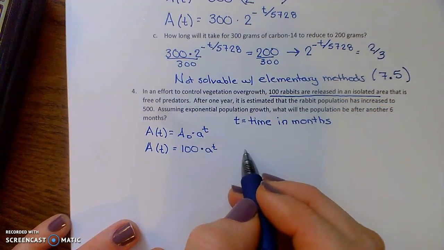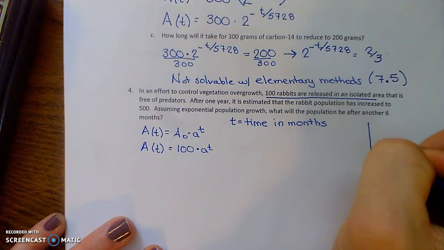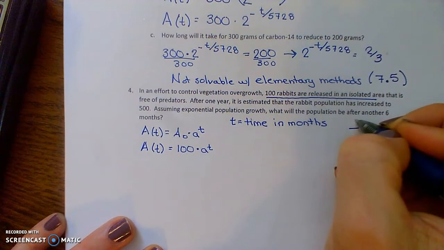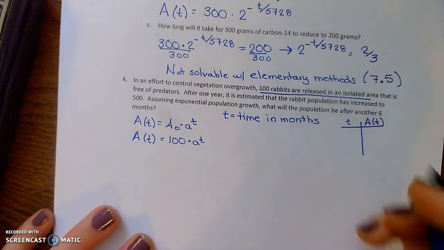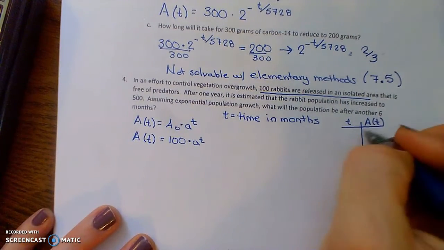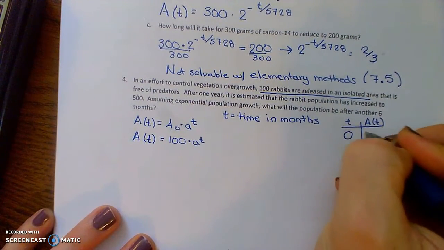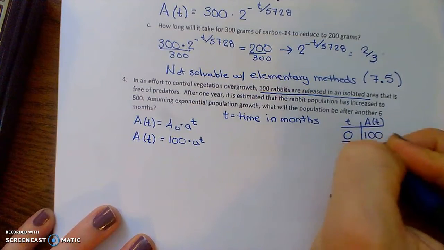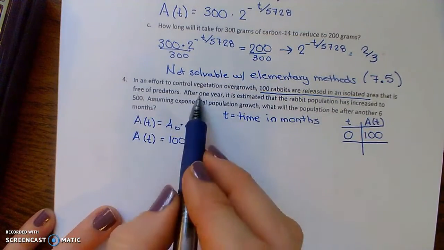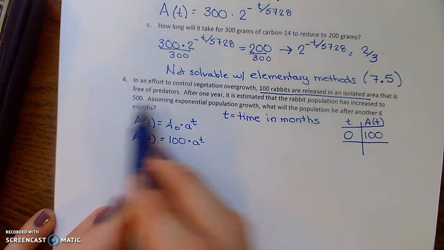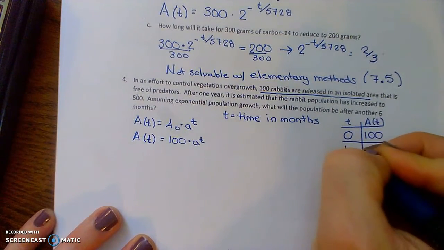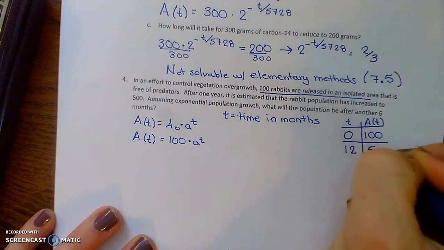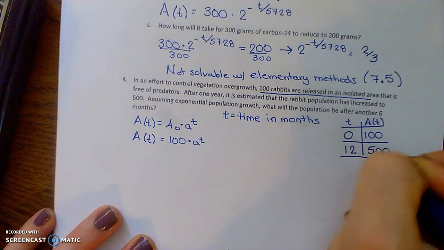Okay, the other thing I want to do is think about the amounts that I already know, and I'm going to make a table of values. I know at time 0, I've got 100 rabbits. And I know also after a year, I've got 500 rabbits. So 1 year, that's 12 months, right? So after 12 months, I've got 500 rabbits.